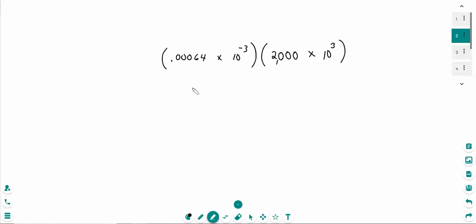Hopefully you do. Remember that in order to write things in scientific notation, we always start at the beginning of the number and find the first digit that's not 0, reading from left to right. So if I read from left to right here, the first digit that's not a 0 is this 6. So to write it in scientific notation, I want this first number to look like 6.4.